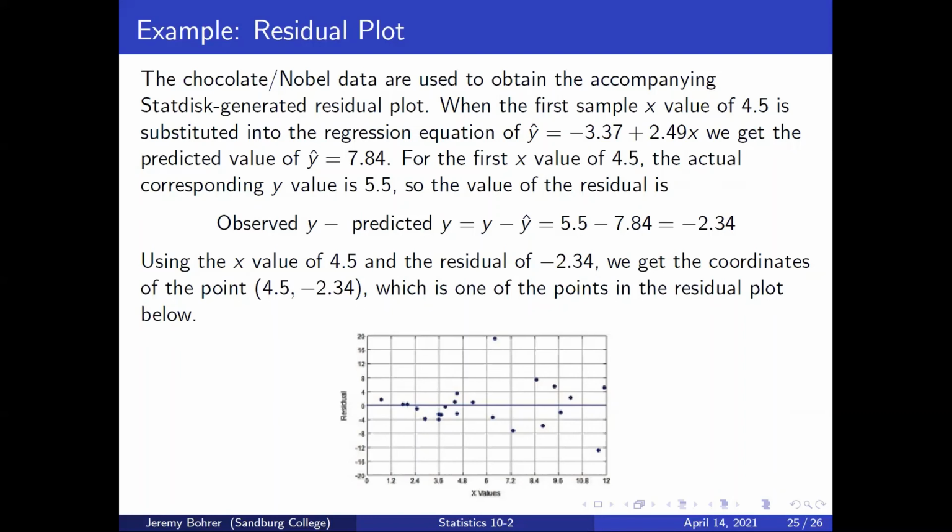So the value of the residual is observed y minus predicted y equals y minus y hat equals 5.5 minus 7.84 equals negative 2.34. Using the x value of 4.5 and the residual of negative 2.34, we get the coordinates of the point 4.5, negative 2.34, which is one of the points in the residual plot below.